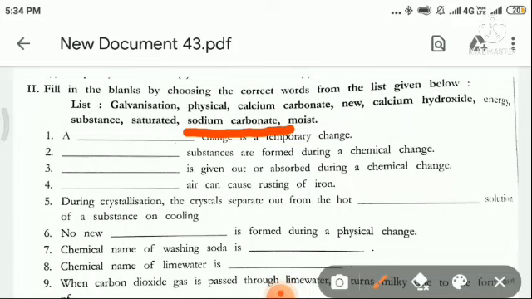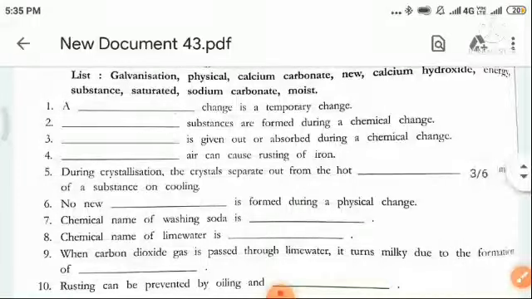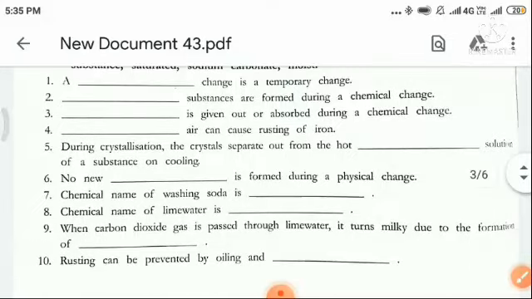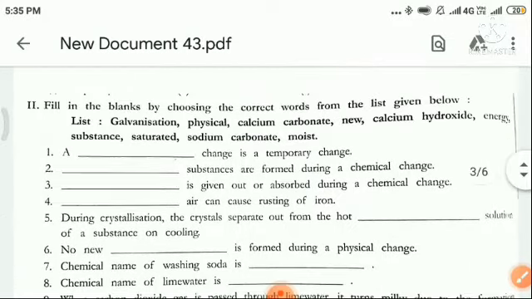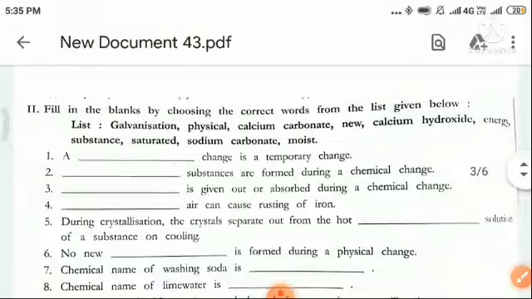And the chemical name of lime water. So the chemical name of lime water is calcium hydroxide. Okay, so that we have already discussed during our class, when we were looking at the examples. When carbon dioxide gas is passed through lime water, it turns milky due to the formation of calcium carbonate.